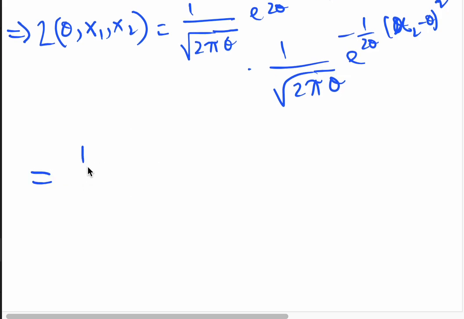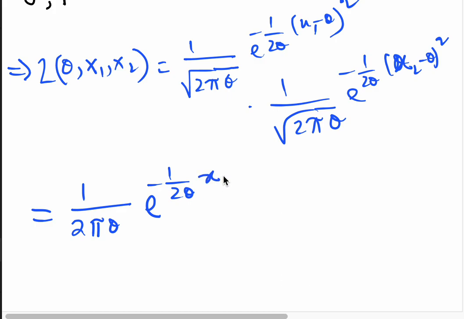So it is simply 1 by 2 pi theta e to the power minus 1 by 2 theta, x1 minus theta its square plus x2 minus theta square.